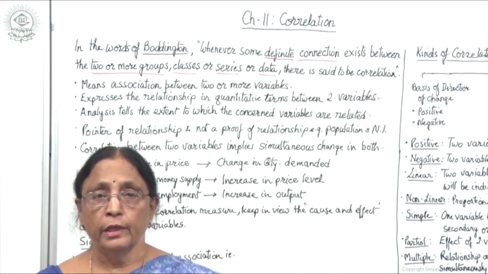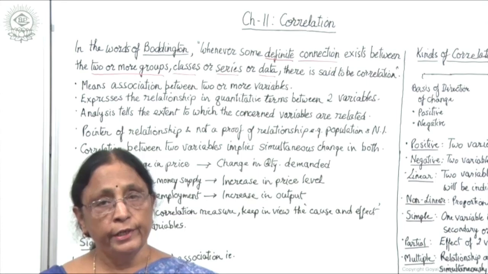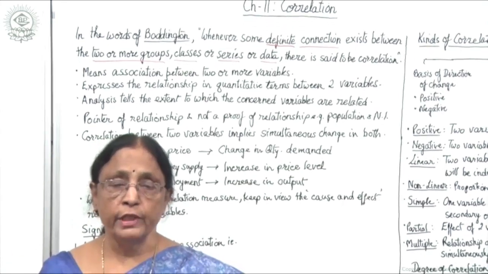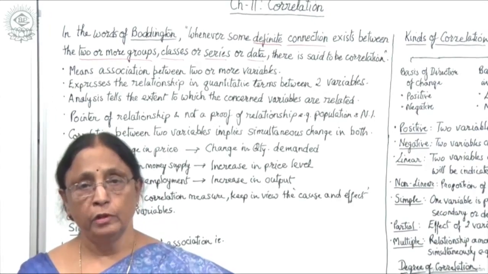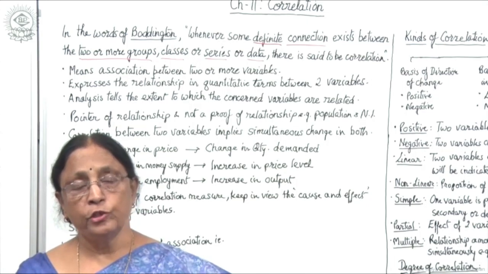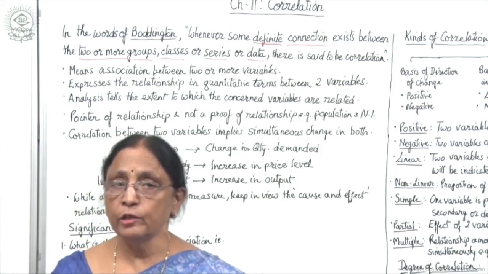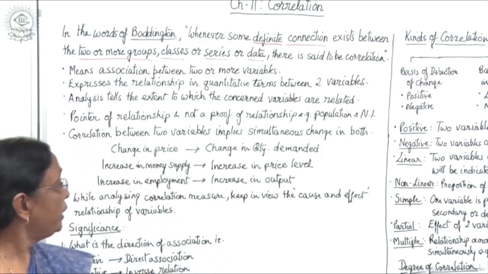So it indicates that population may increase because of increase in national income, but it is not a certain proof. It may or may not be related to each other directly. There may be other factors responsible also. So that is why we say that correlation is a pointer but not a perfect proof.